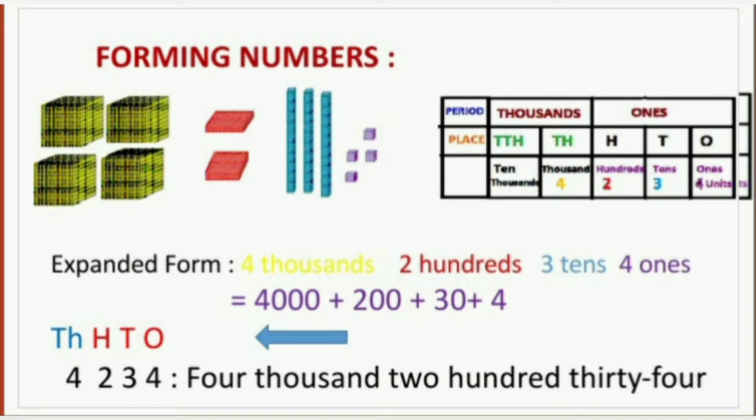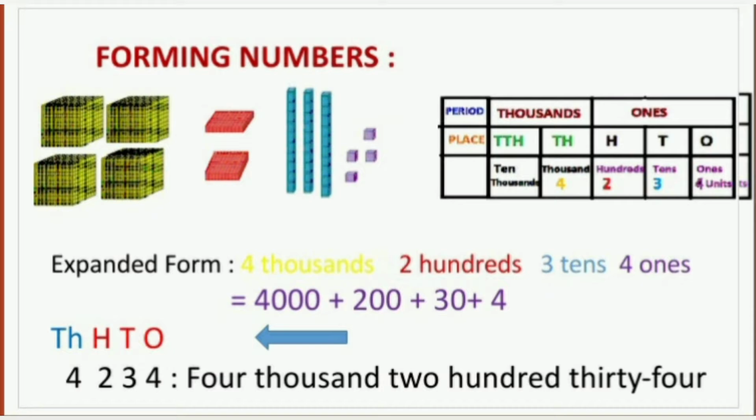When you move from right to left, you can see the periods ones and thousands shown. In the ones period, you have three digits, that is ones, tens, and hundreds. And in thousands, you have two digits, that is the places for 1,000 and 10,000. Remember that when you build the number, for the vacant places you will write zeros.